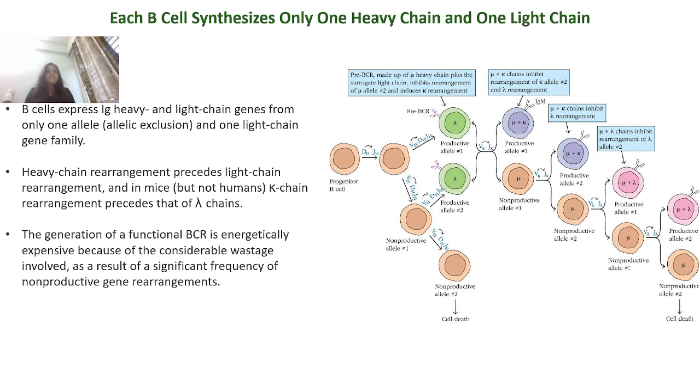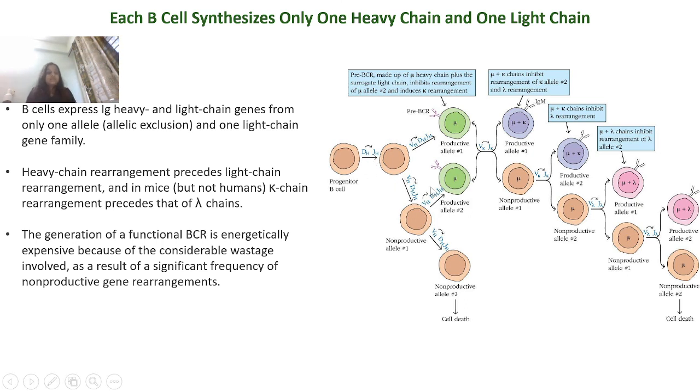So here, first what happens? There is a recombination between DH and JH first, because in the V chain the segments are arranged as V segment first, then D segment, then J segment, then C segment. So there will be a recombination between D and J segment.